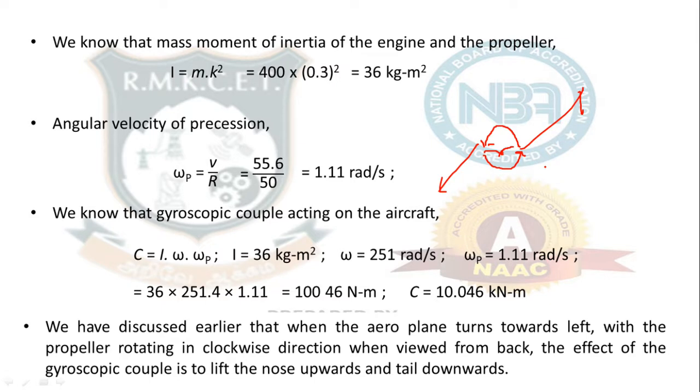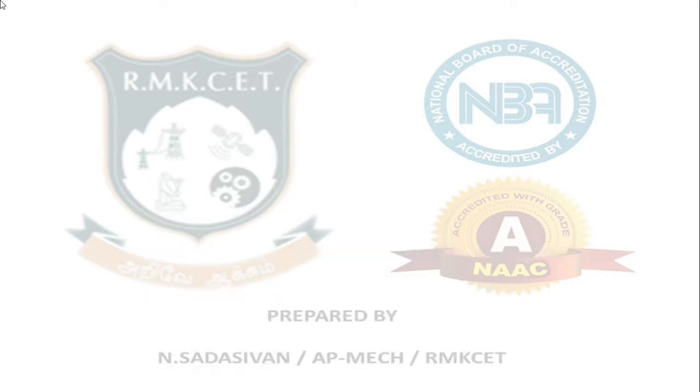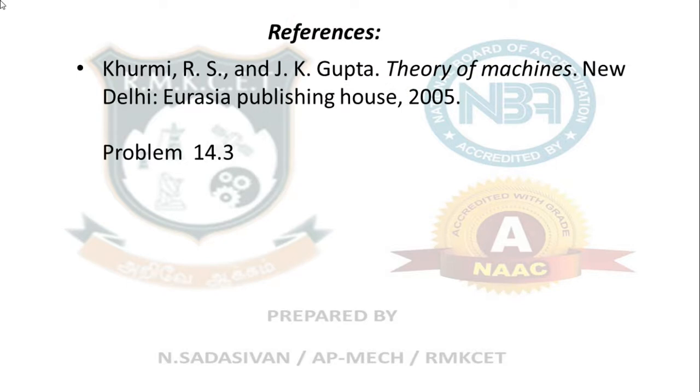It's the easiest way to do it. You don't have to learn this entire table by heart. So the effect is the nose will point upwards and the tail will point downwards. So the aircraft will start traveling upwards. It will pitch as a result of this reactive gyroscopic couple. So this problem is taken from your Kurmi textbook, example problem 14.3.